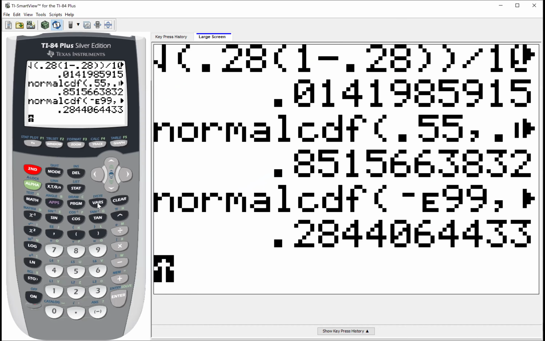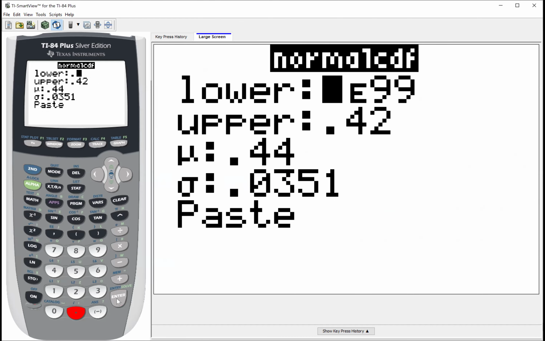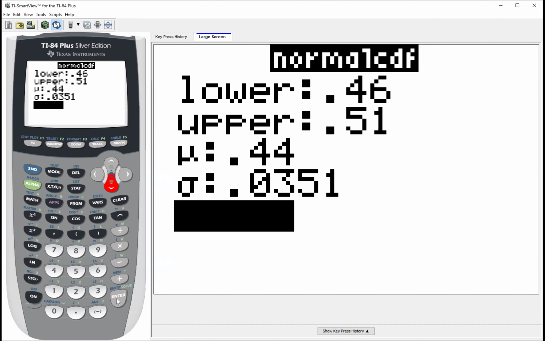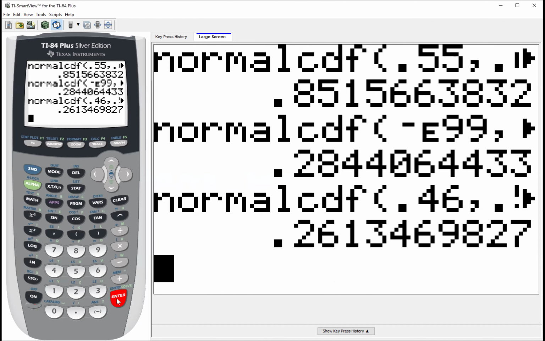We're going to pull up normal CDF again. My lower bound is 0.46. My upper bound is 0.51. We have the same mean of 0.44 and the same standard error of 0.0351. And the proportion is about 0.2613.